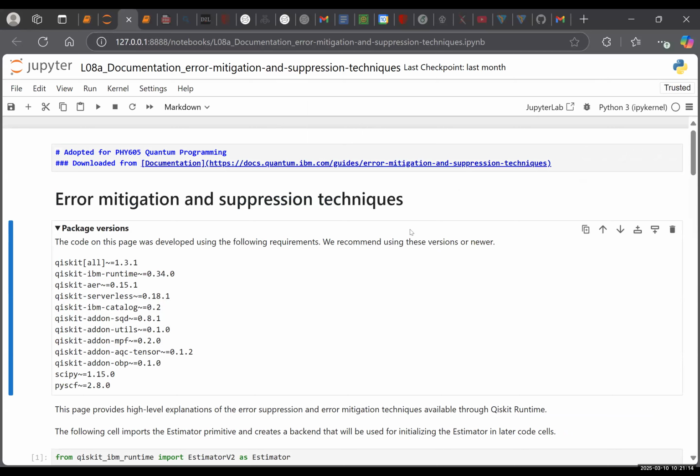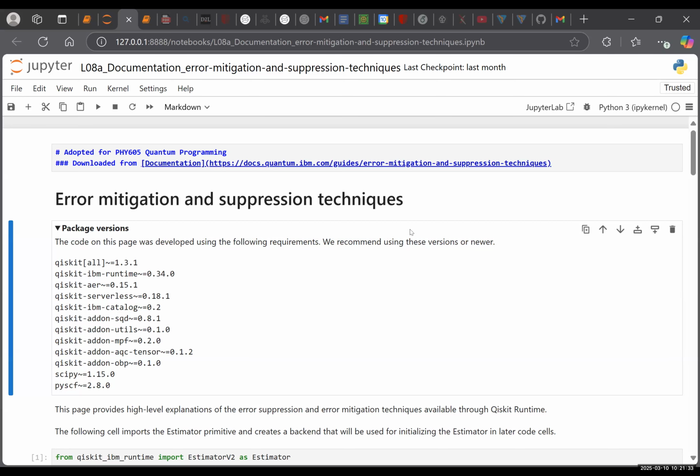There's also suppression. It's called dynamical decoupling. We have seen in some of the notebooks they apply XX, XY, XY, these kinds of gates. The idea is to try to cancel out some of the noise.